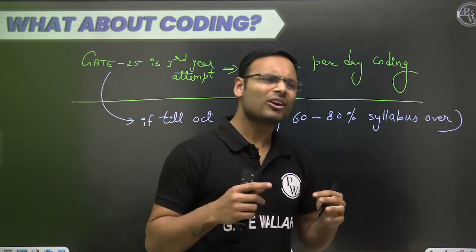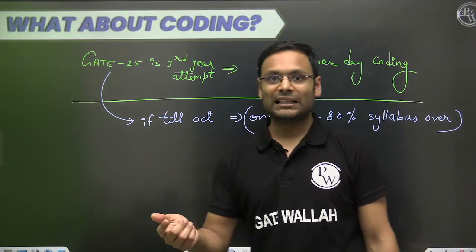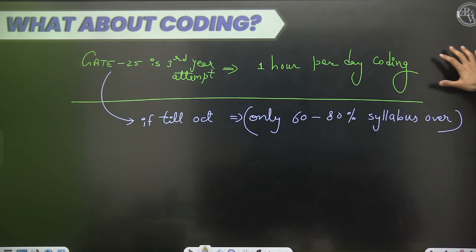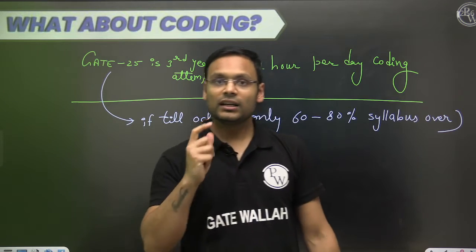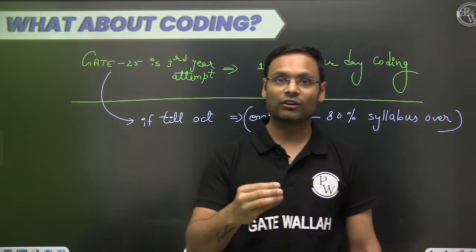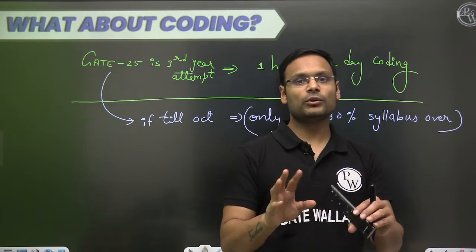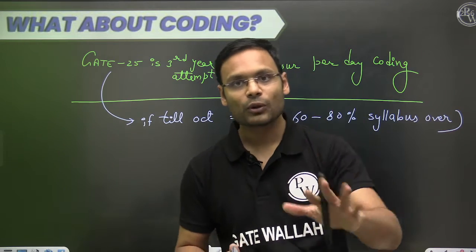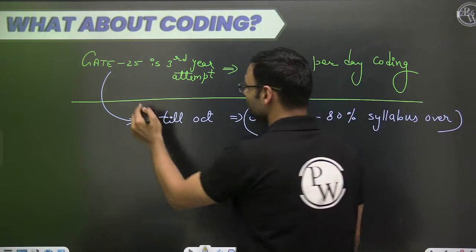Even if you are not getting a really good rank, we will have another year to cover it up. But this 1 hour per day coding will certainly help you gain the practice of coding also, just because at the end of the day you will go for masters, you will go for a job in the software domain, you will have to write the code and you will have to have the practice of coding.